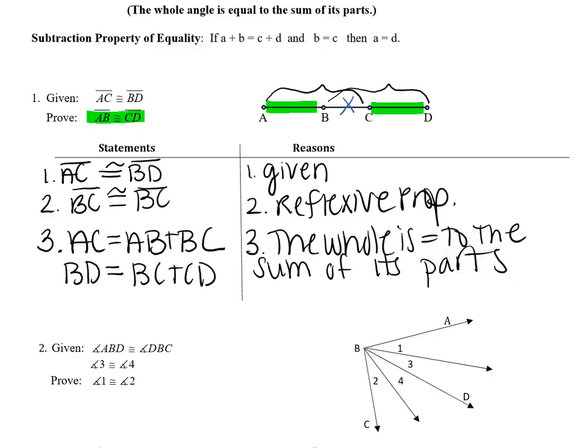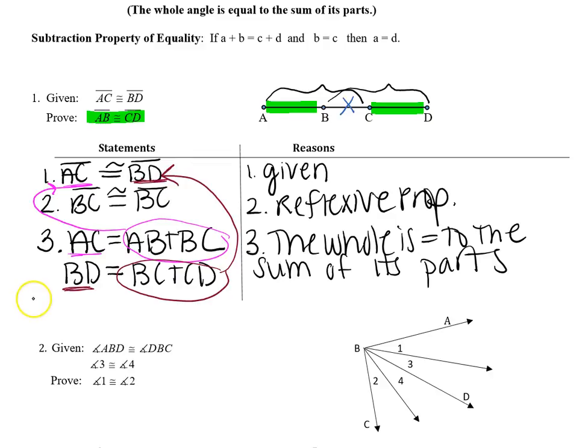Okay, so let's look here. Here's AC, here's AC. Here's BD, here's BD. I can take AB plus BC and plug it in to AC. By the same logic, I can take BC plus CD and plug it into BD, because I know those are congruent.